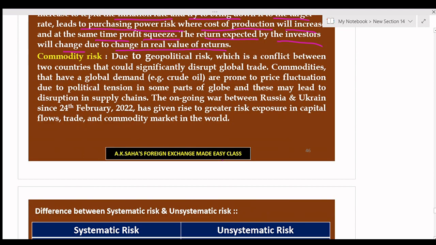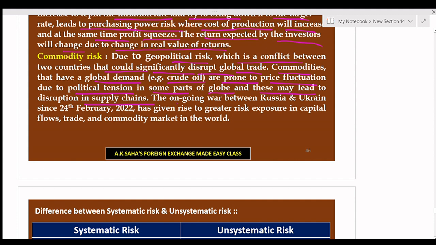Commodity risks. Due to geopolitical risks, which are conflicts between two countries that could significantly disrupt global trade, commodities that have a global demand, namely crude oil, are prone to price fluctuation due to political tension in some parts of the globe, and this may lead to disruption in the supply chain.